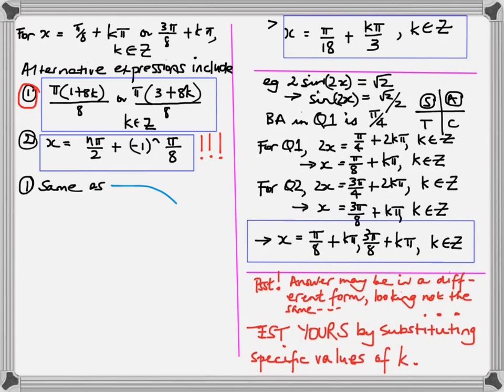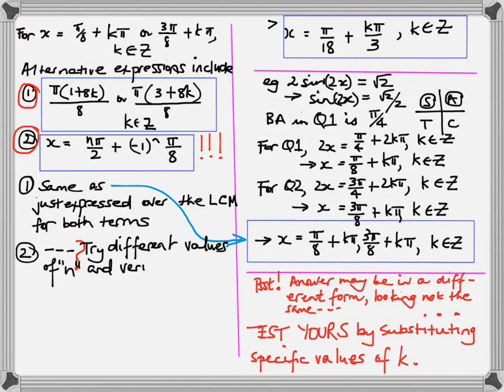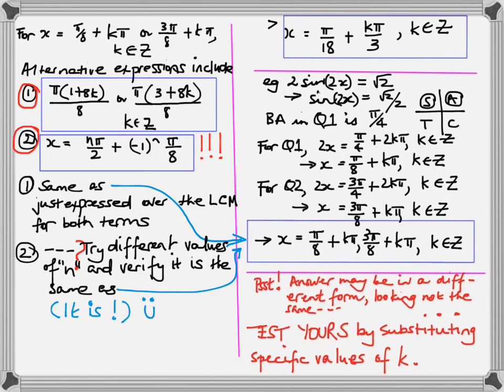And if you do that, you will see that it does work. So I've just expressed what I said previously, that solution 1 is the same except it's over the LCM, and solution 2 is a big problem. But as I said, try different values of n and verify that it is the same. And it is. Yay, it is.